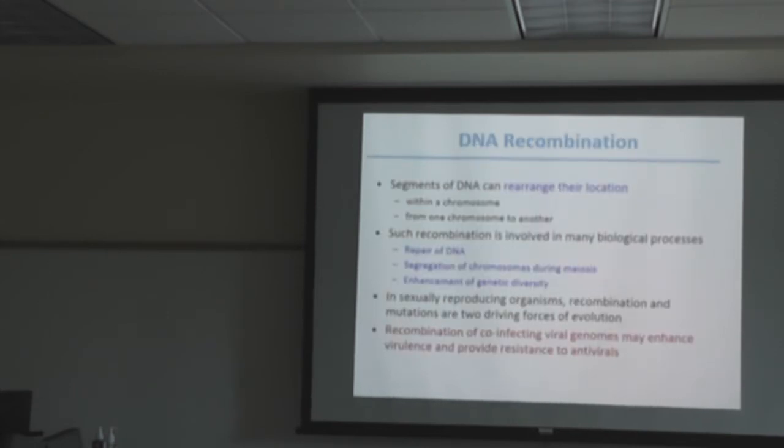But if you can, recombination is better because you have another chromosome that can serve as a template with good sequences. Segments can rearrange, moving location within a chromosome or from one chromosome to another. Such recombination is involved in many biological processes, including repair and segregation of chromosomes during meiosis, because that enhances genetic diversity.